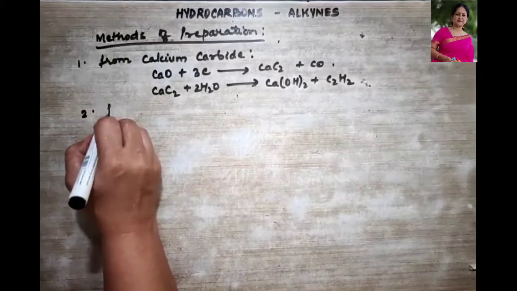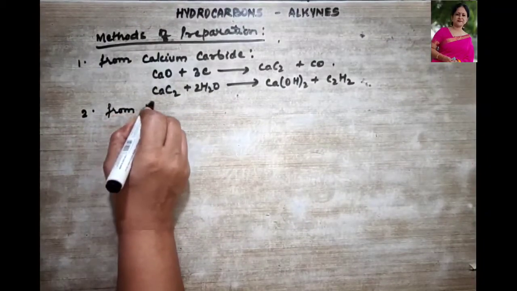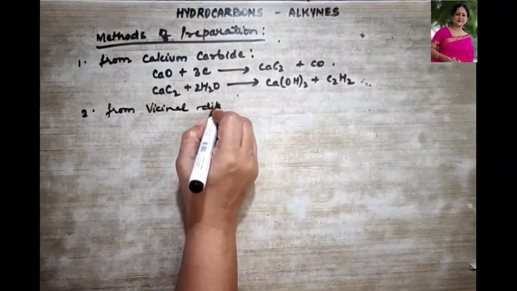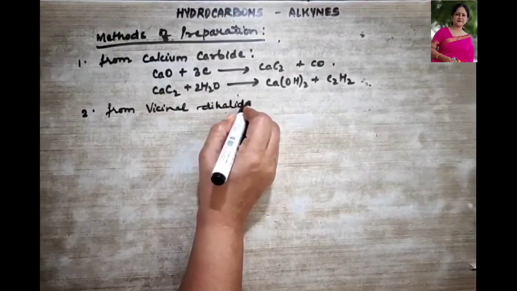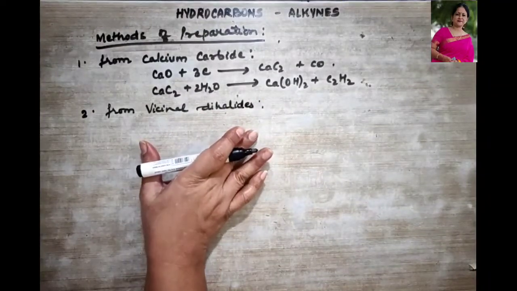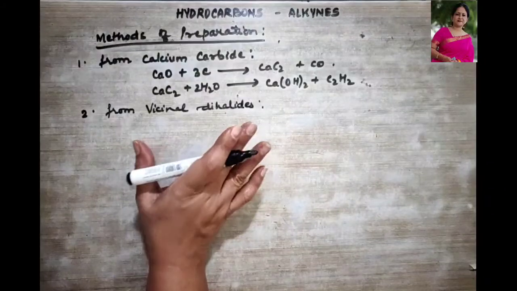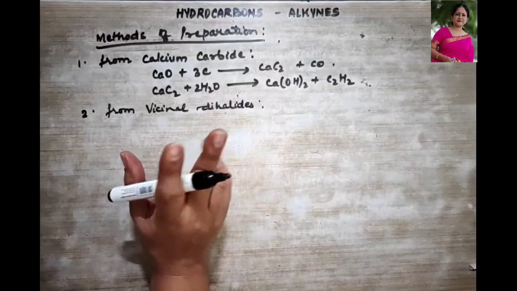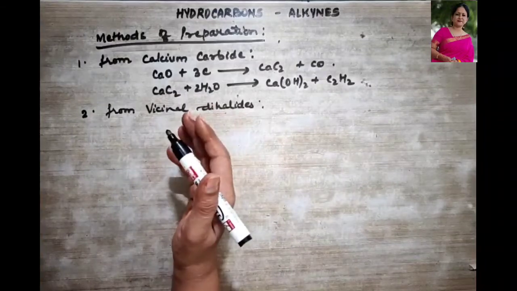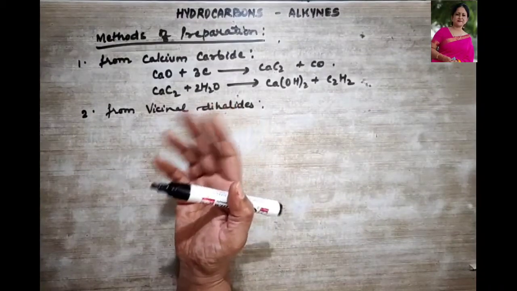Second is from vicinal dihalide. Okay, so now vicinal dihalide, what does that mean? A compound containing 2 halogen atoms on the same carbon atom is always termed a gem dihalide.